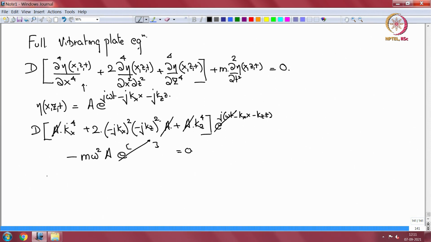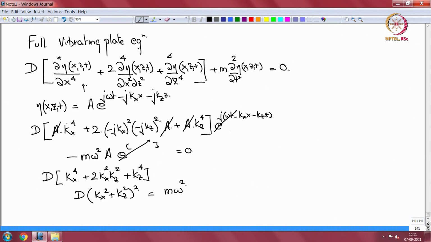So this gives me D times kx to the fourth, this minus squared and j squared goes, so I get plus 2 kx² kz² plus kz to the fourth, which is equal to D (kx² + kz²)² equal to m ω².